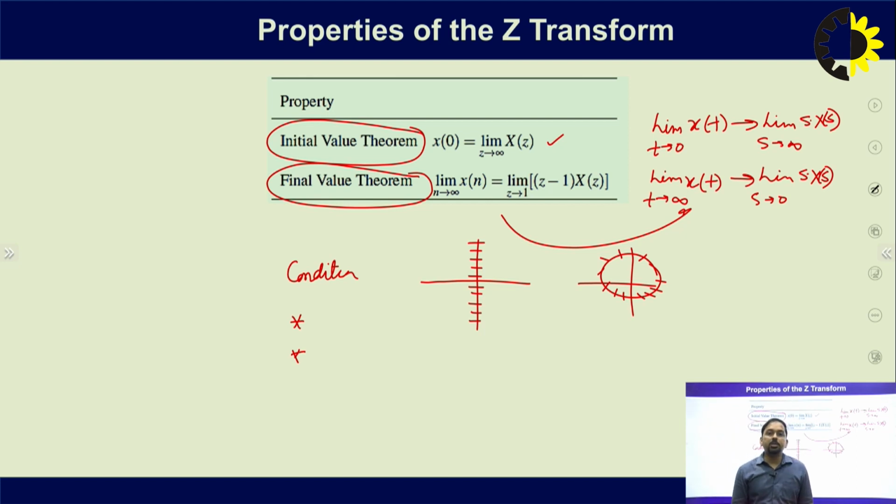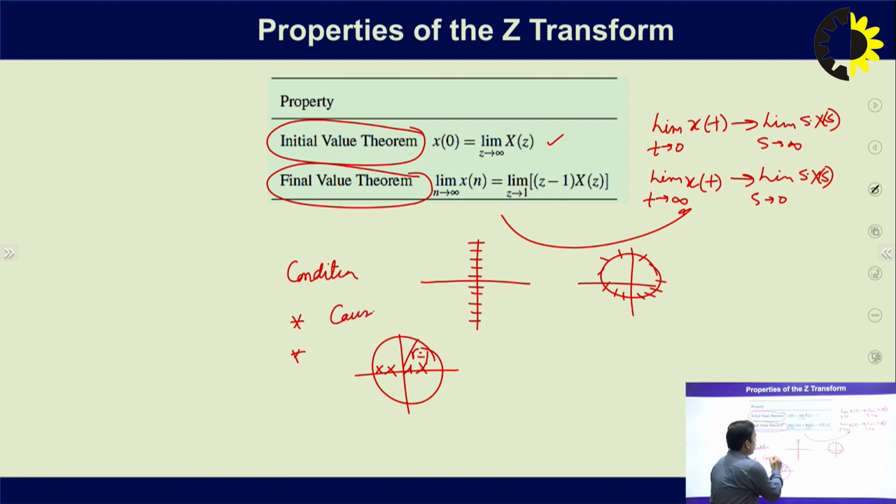The final value theorem is meaningful if the poles of X(z) are lying inside the unit circle. Means first point, it is causal, and second point, for a causal LTI system or for causal signals, the poles definitely must be lying inside the unit circle. So these two important conditions are very, very helpful in deciding whether these two theorems are applicable or not.